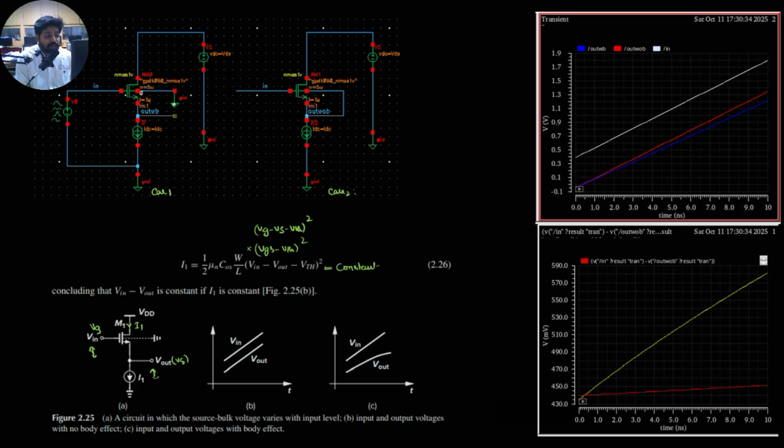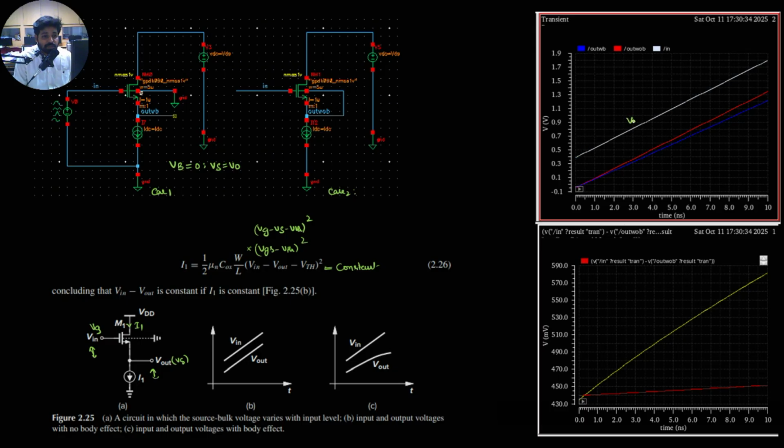In case 1, I will connect the body terminal here, so VB is made 0 and the VS terminal is connected as output. Because it is a common drain amplifier, as the input changes, the output also changes. So I will connect my input like this.